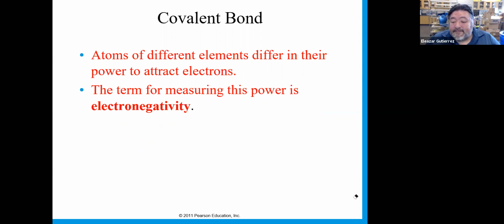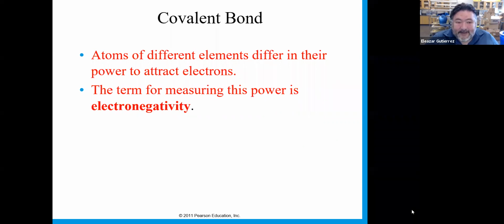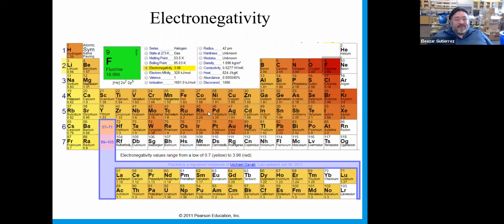This is important. It says atoms of different elements differ in their power to attract electrons. The term for measuring this power is electronegativity. Okay. So I put this up in your module also, so you can open it up there as well.